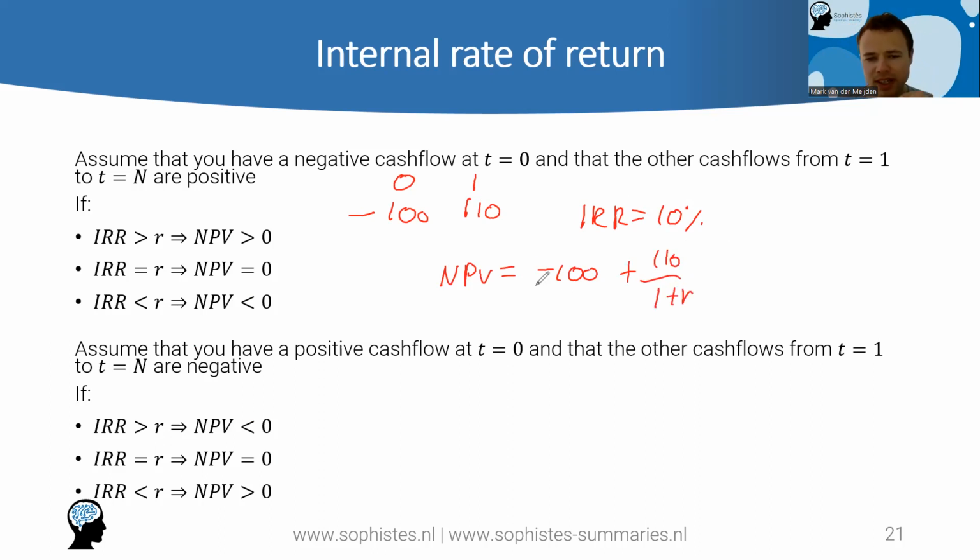That was simply because the first cash flow was negative. If I would switch it around and make it like this, positive 100 and then a negative 110, then the IRR would be minus 10% here. Is that correct?